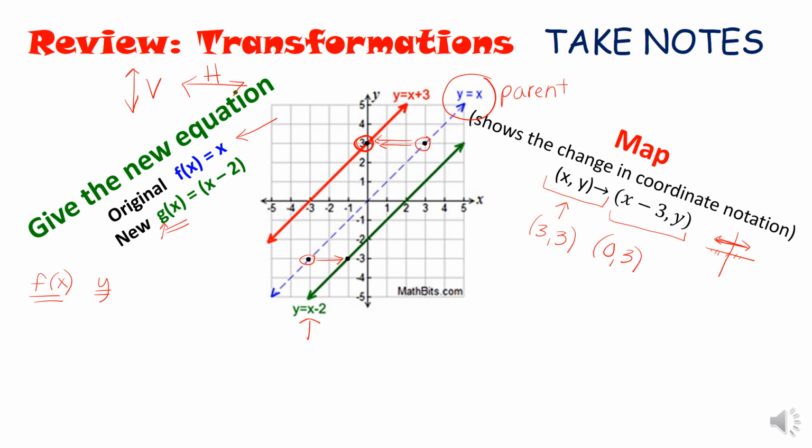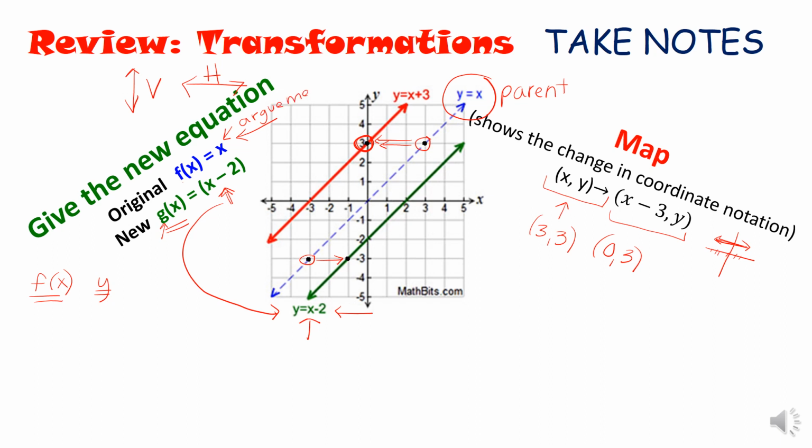Now, when they showed it here in parentheses, notice that that's different than this. This is the equation of this line. The reason that they put it like this to show you the transformation is to tell you that it's horizontal. In a transformation, the variable that they use is called the argument.